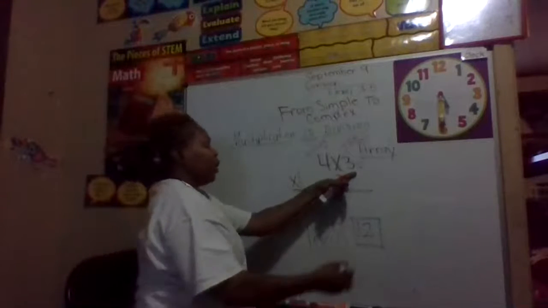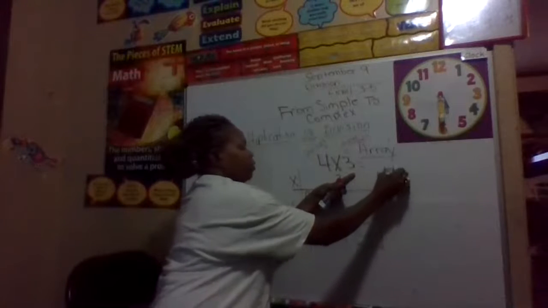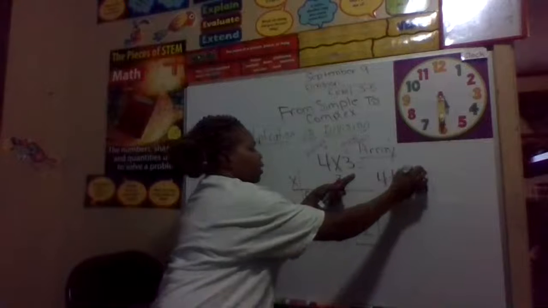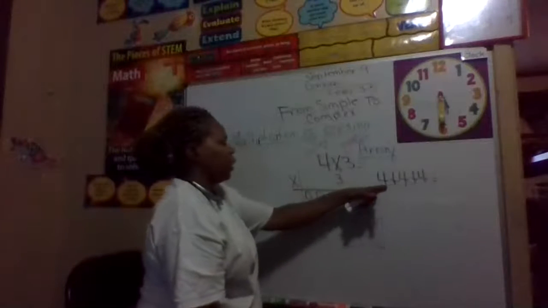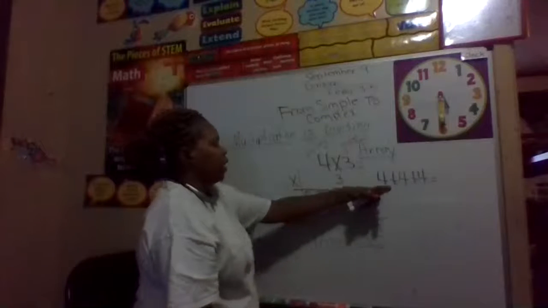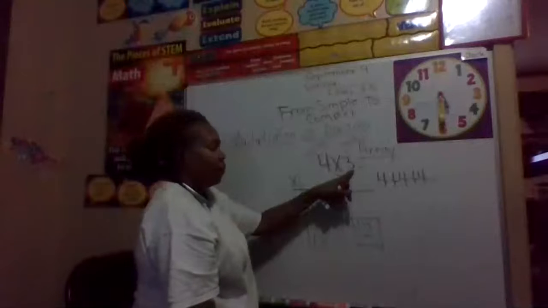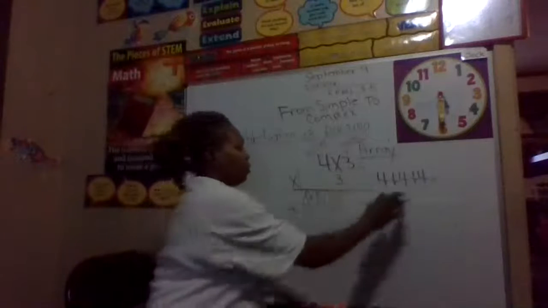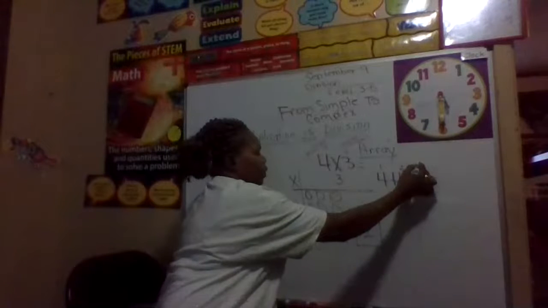So here's another way we can do it. We can add 4 plus 4 plus 4 to get a product, because that's what the multiple tells us. It tells us to add 4 3 times. And here is our 4. 1, 2, 3.